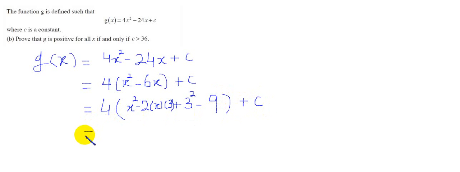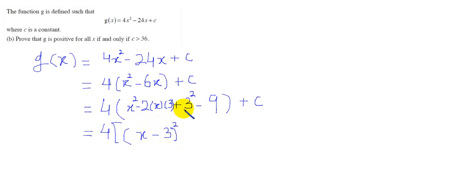Okay, now in the next step I'm going to enclose this with the help of the formula and make it a complete square. So it will be x minus 3 whole squared.